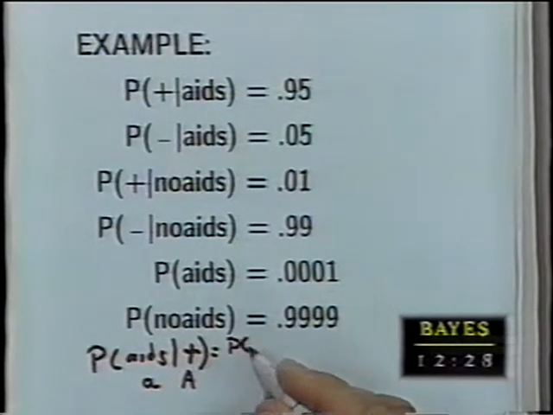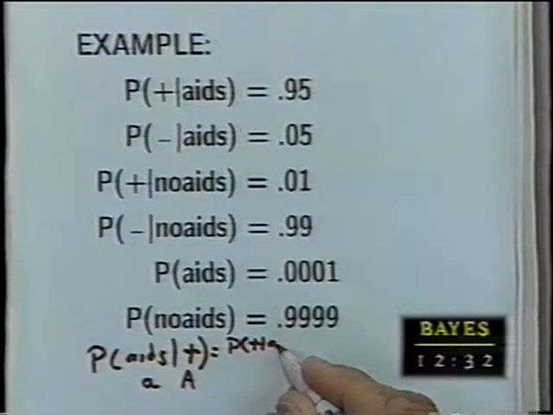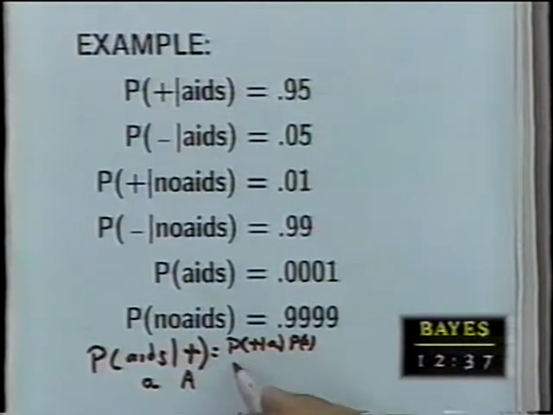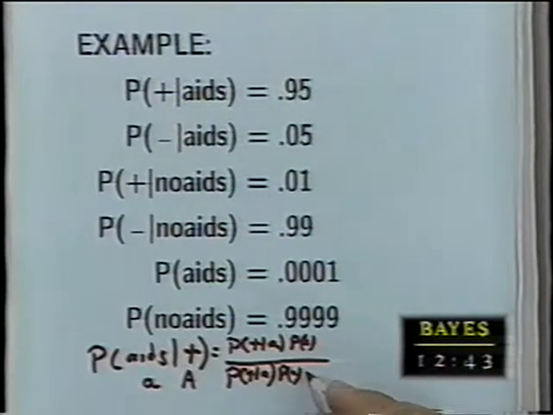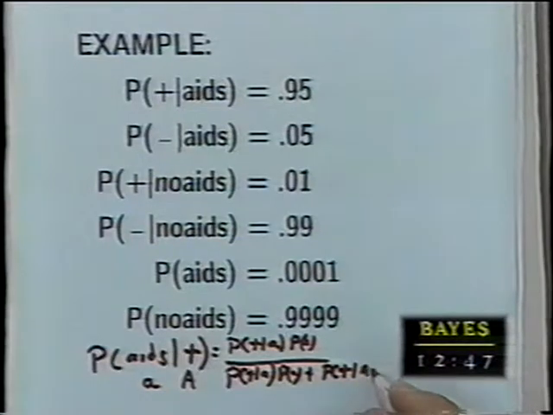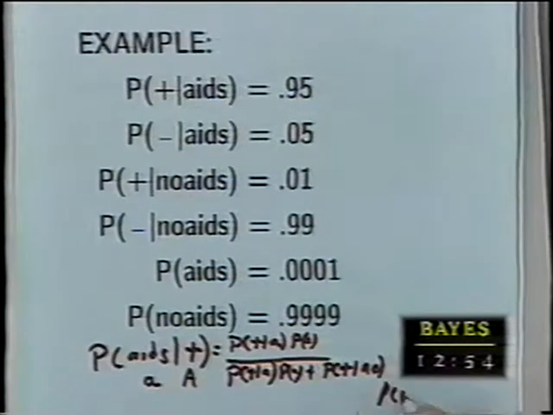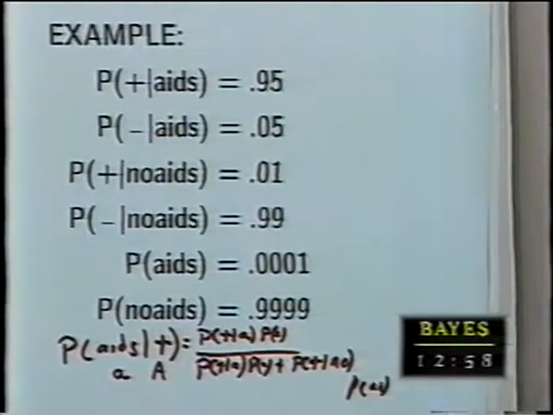This is the probability of plus given little AIDS, times the probability of someone having AIDS, divided by the probability of plus given AIDS, times the probability of AIDS, plus the probability of plus given no AIDS, times the probability of no AIDS. You might not be able to see that on your screen, but you know what I'm talking about.